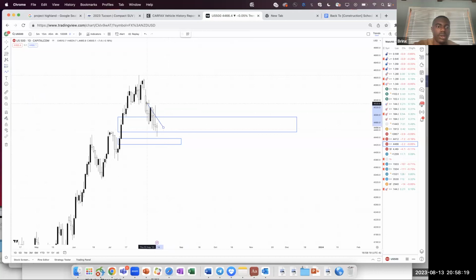Start the week up here, maybe take out these previous highs, and we'll go down to like a 4 hour and 1 hour time frame to see if there's any reasons as to why price might come back into this zone, and then start targeting these lows.